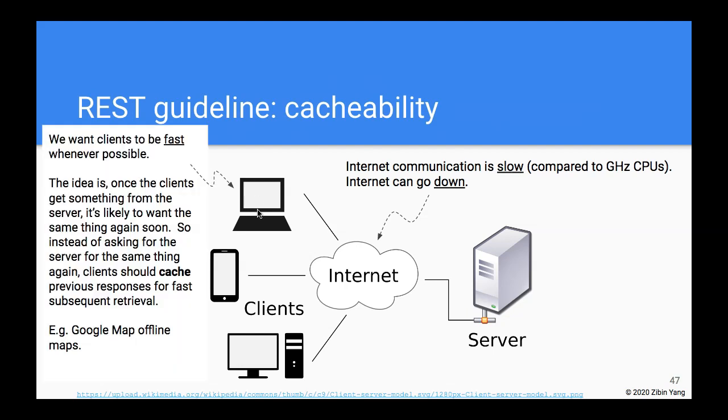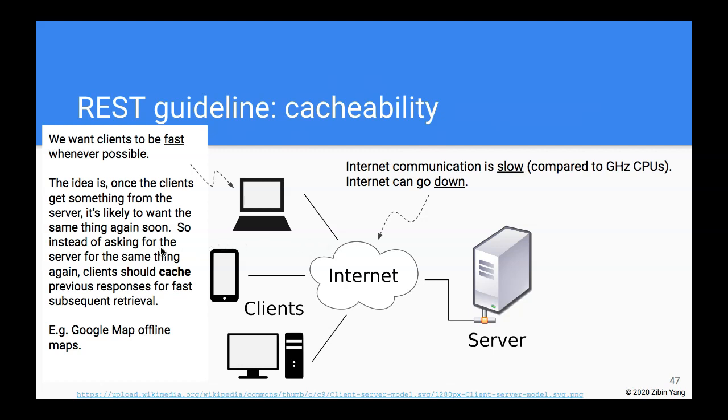Now, however, for all of these client devices, our phone, our laptop, and all that, we want these clients to feel fast whenever possible, even though sometimes the internet communication can be slow. Okay, so how do we do that? Well, the idea is that many times when we request something from, let's say, Google, we might request the same thing again and again in a short amount of time.